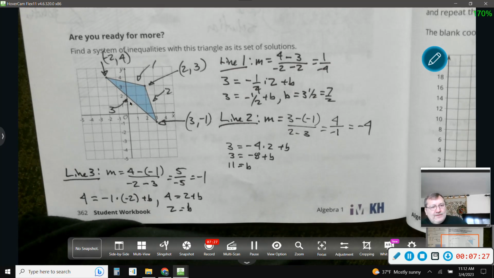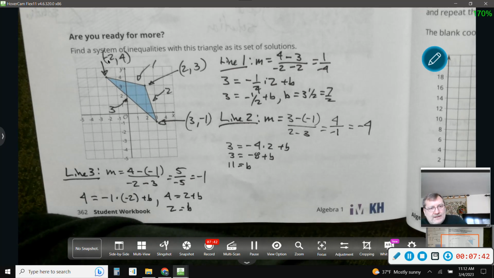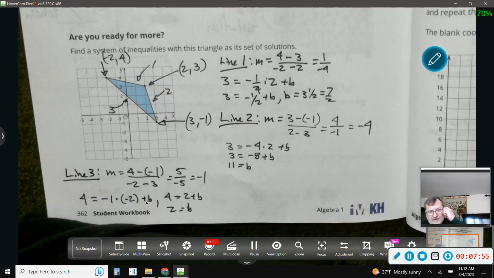Line 3, which is right here, I'd use this point and this point. I find my slope. 4 minus a -1, -2 minus a 3, I get a slope of a -1. Then I take this right here, x comma y, and I put it into your y-intercept. So y is 4, slope is -1, your x value is a -2, plus b.